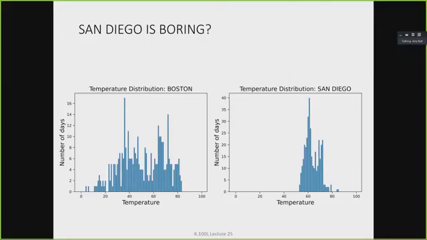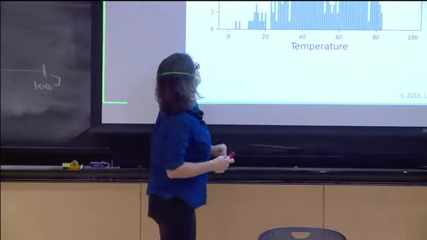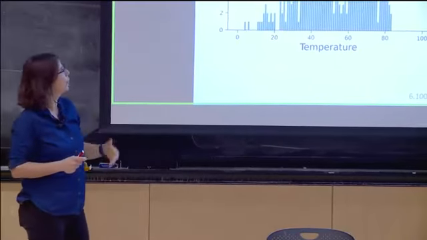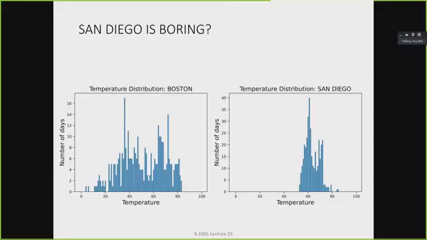And we get something that looks like this. So this is only for 1 year, right? If we sum all of these bars, it should add up to 365 days. So this is the distribution, I think, in 1961. Left is Boston, and right is San Diego.